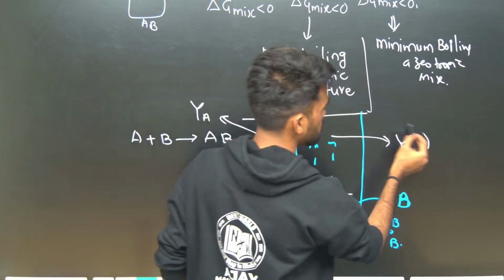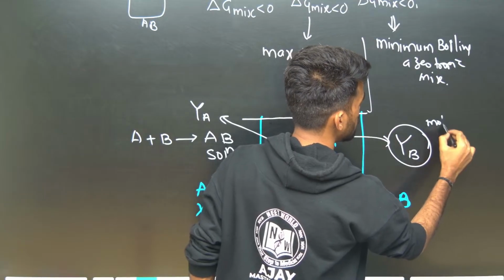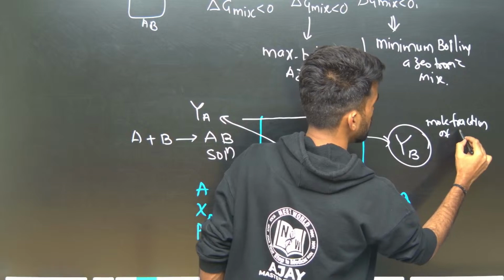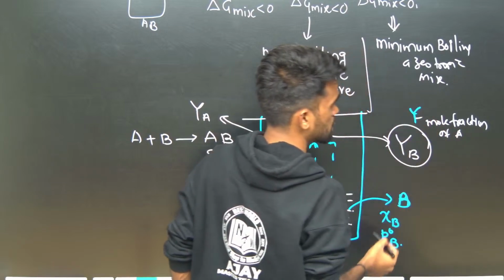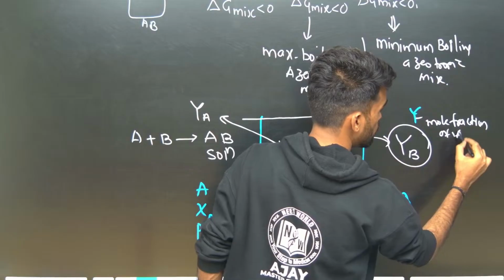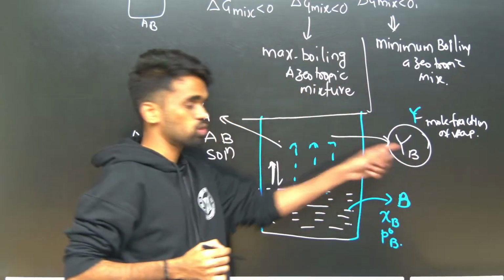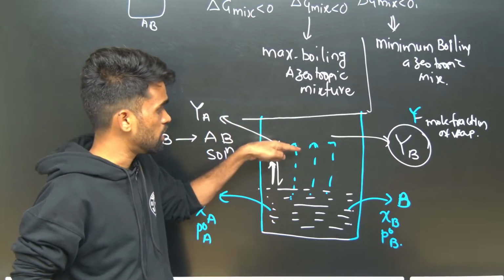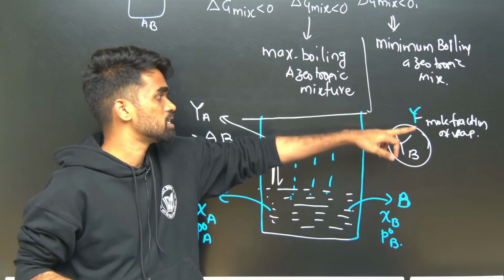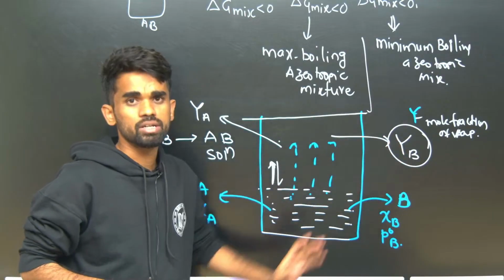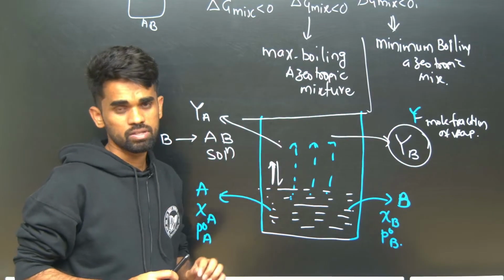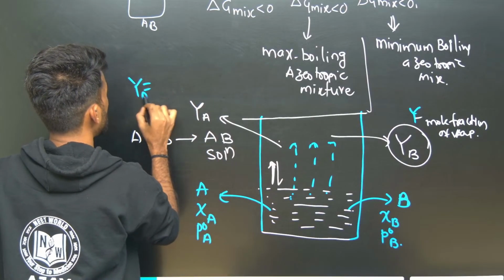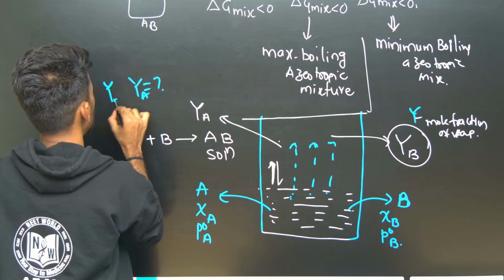So now YA represents the mole fraction of A. Y represents the mole fraction in the vapor phase of this particular component. YA means mole fraction of A in this vapor phase. YB means mole fraction of component B in the vapor phase. Hope it is clear. Now they will ask how you will calculate YA and this YB.